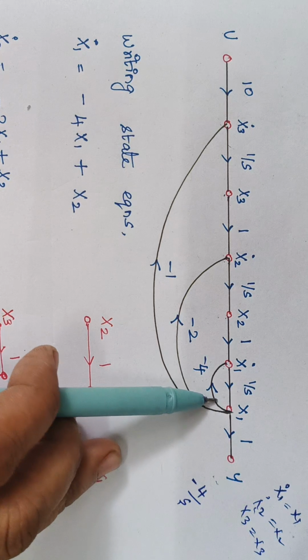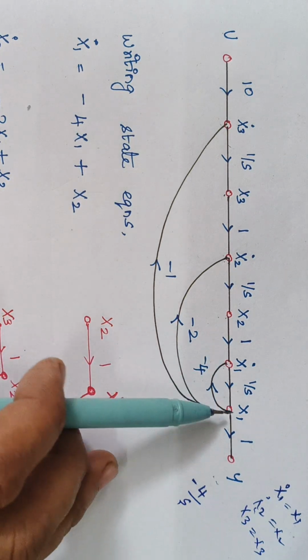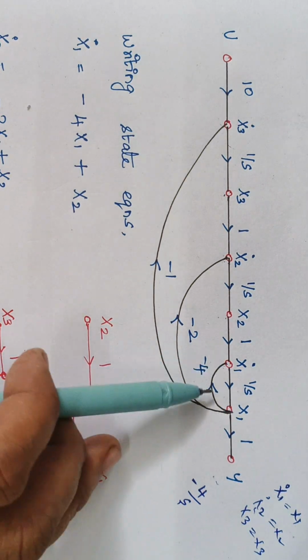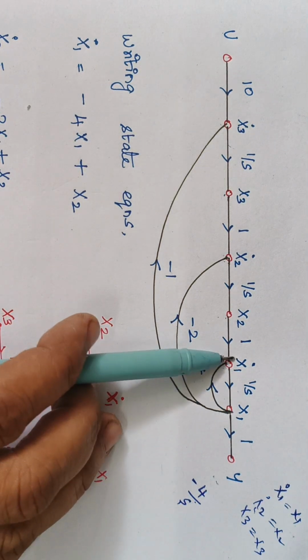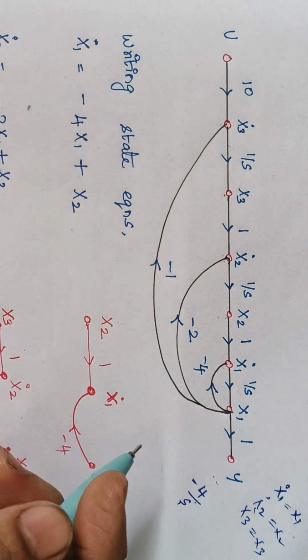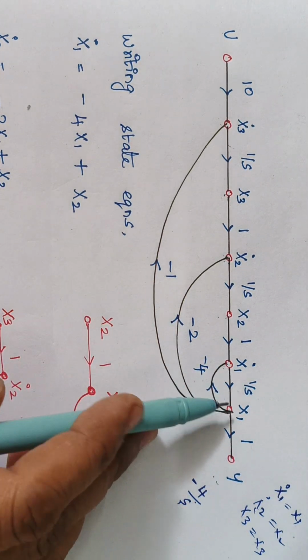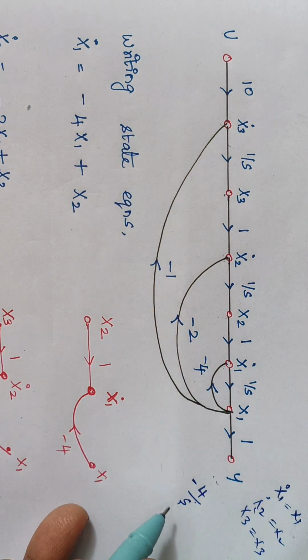So I am filling the loop, okay? I am fixing the loop over here with a feedback gain of minus 4 here. Therefore, this loop has a gain of minus 4 by s. Okay, do you accept or not? Because here it is minus 4 and here it is 1 by s. When you multiply minus 4 and 1 by s, the output is minus 4 by s.